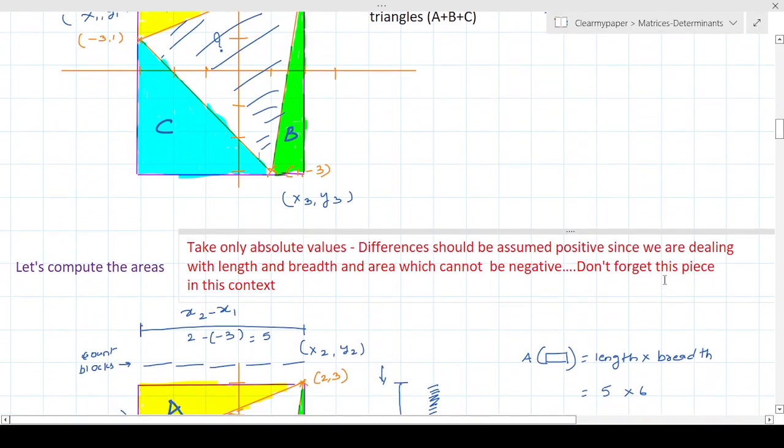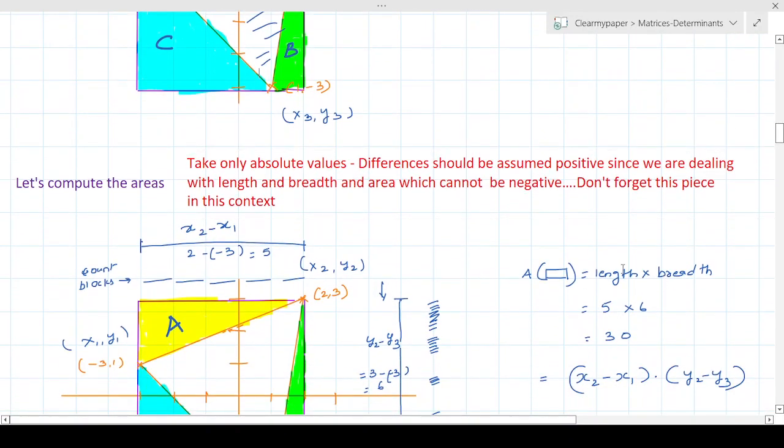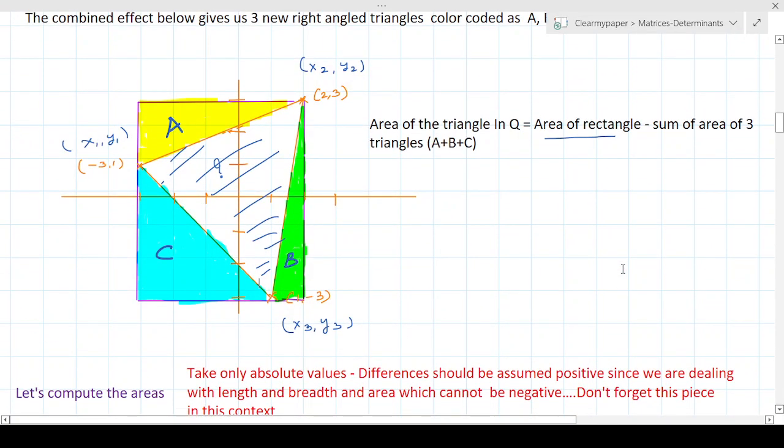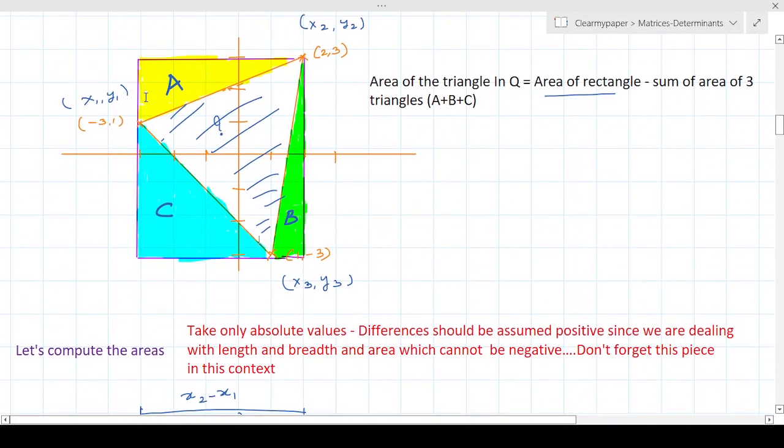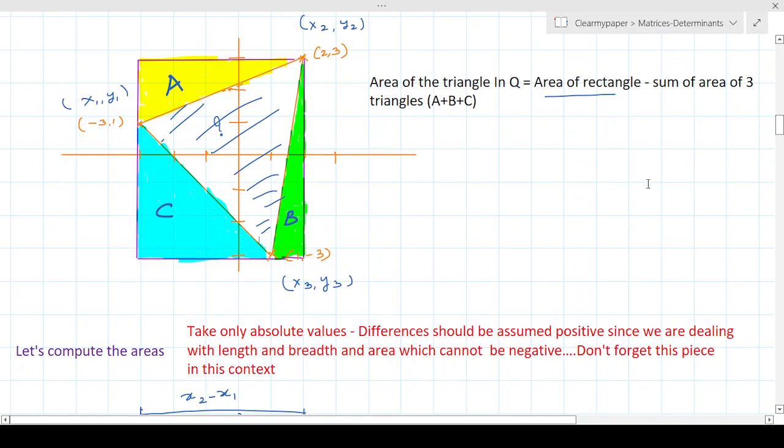Okay, and as a quick disclaimer, which I'll be re-emphasizing 2 or 3 times all along this episode, since we are going to talk about area, which is nothing but length into breadth or base into height, it's a measurement, right? So the area cannot be negative, right? Although there are some negative values here in this question, and there'll be some indifferences which you will see that it might throw up a negative value occasionally.